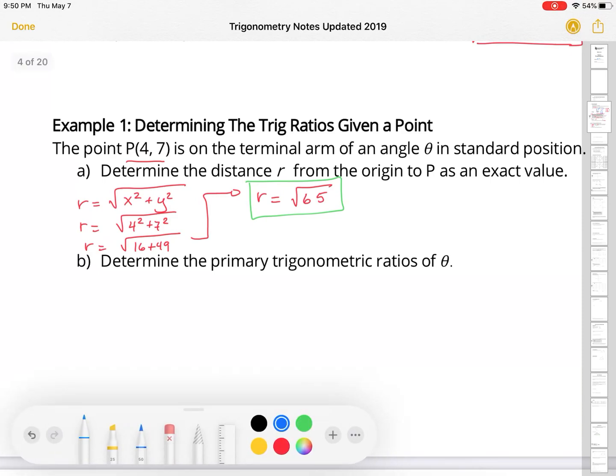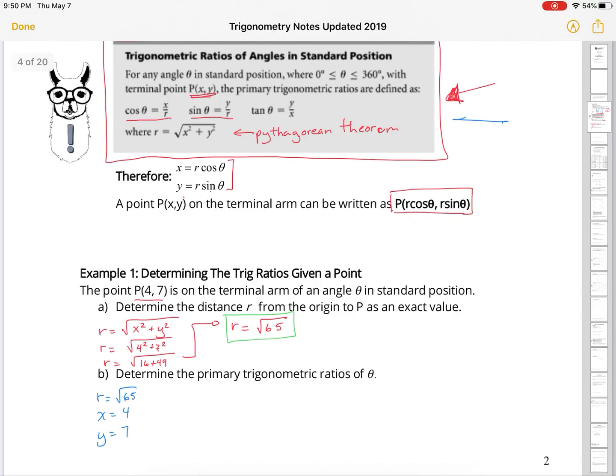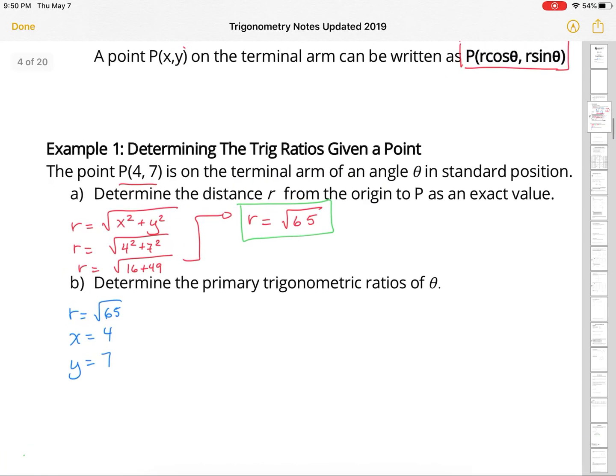Now, the next thing it wants us to do is determine the primary trig ratios of theta. So let's think about what we know. We now know r is equal to root 65, x is 4, and y is 7. So using those trig ratios of angles in standard position from our box, we can write out those 3 primary trig ratios.